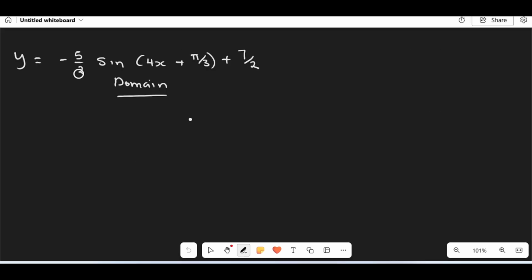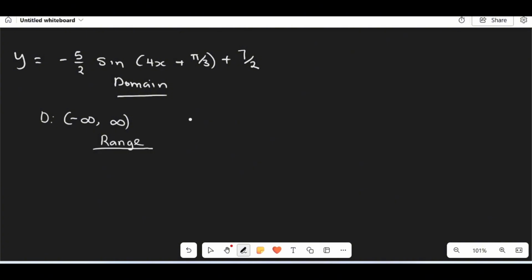We want to find the domain and the range of this sine function. The sine function is defined for all real numbers. So our domain is negative infinity, infinity.